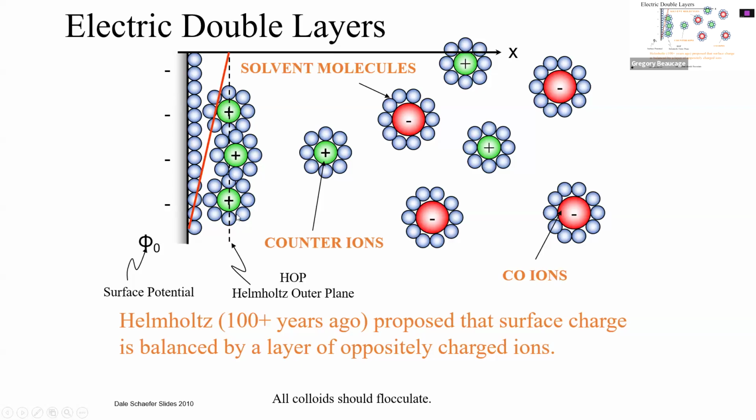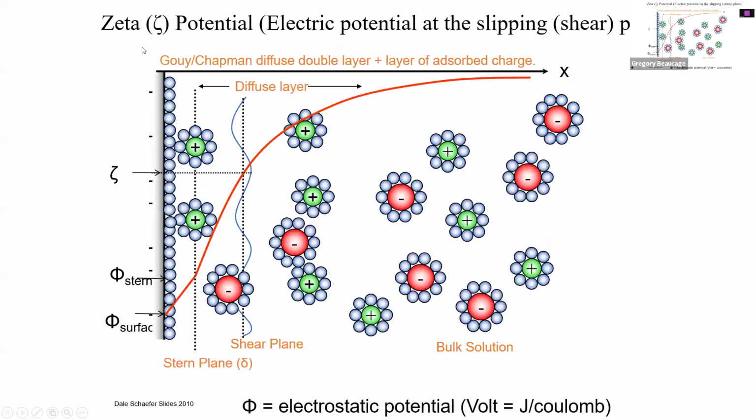Then there's the bulk concentration of the salt out here. So you could plot the charge as a function of distance from the surface. That's this Gouy-Chapman potential equation. So you can have something like an exponential decay of the charge going from the surface.